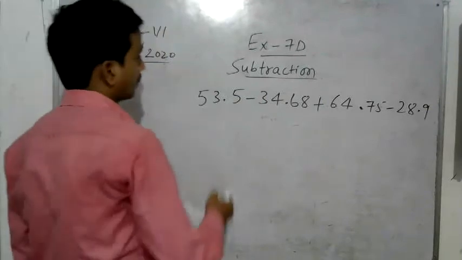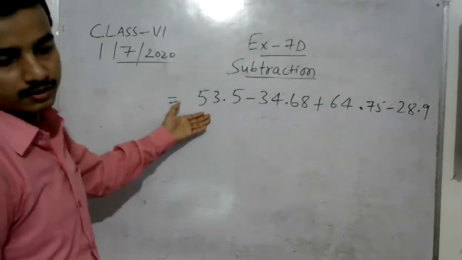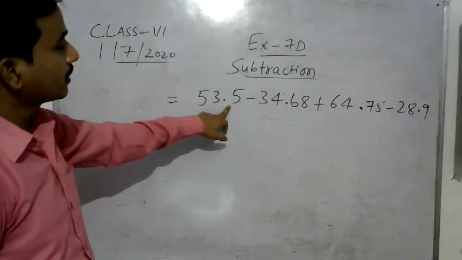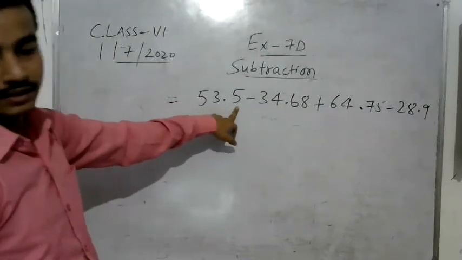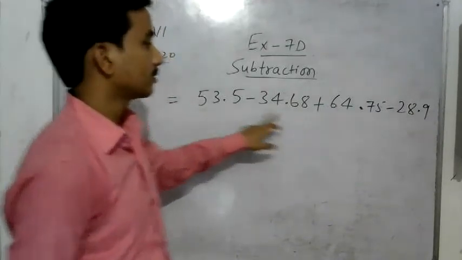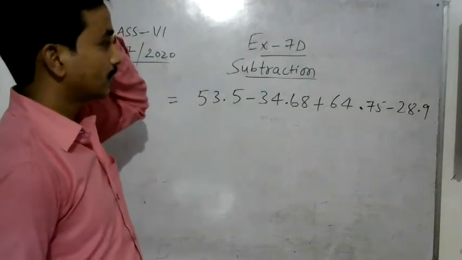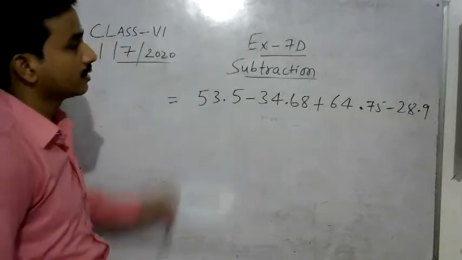First of all, check whether these are unlike decimals or like decimals. Here is one decimal place, because after the decimal point there is only one digit, and then two decimal places. So there is a difference, so it is an unlike decimal.